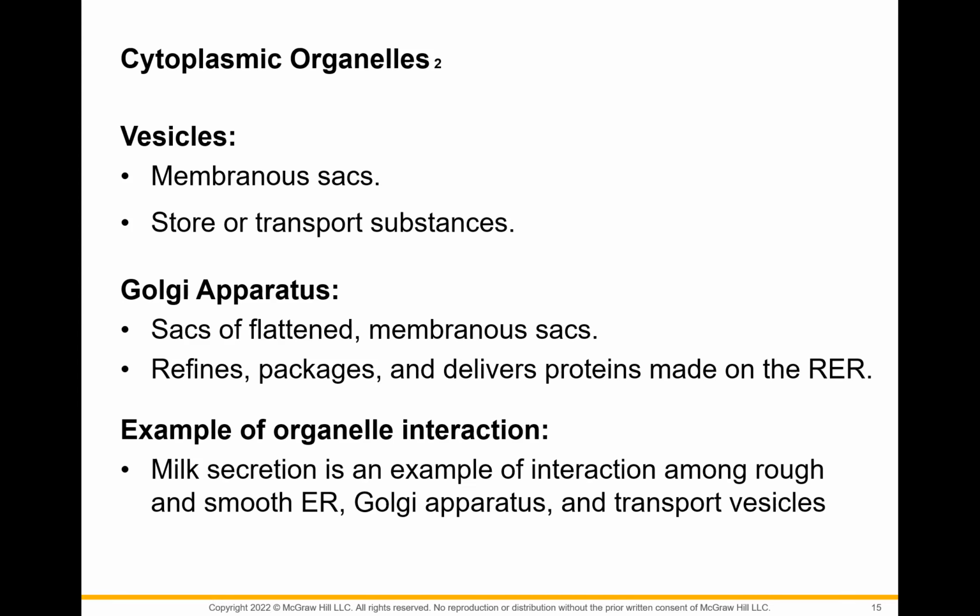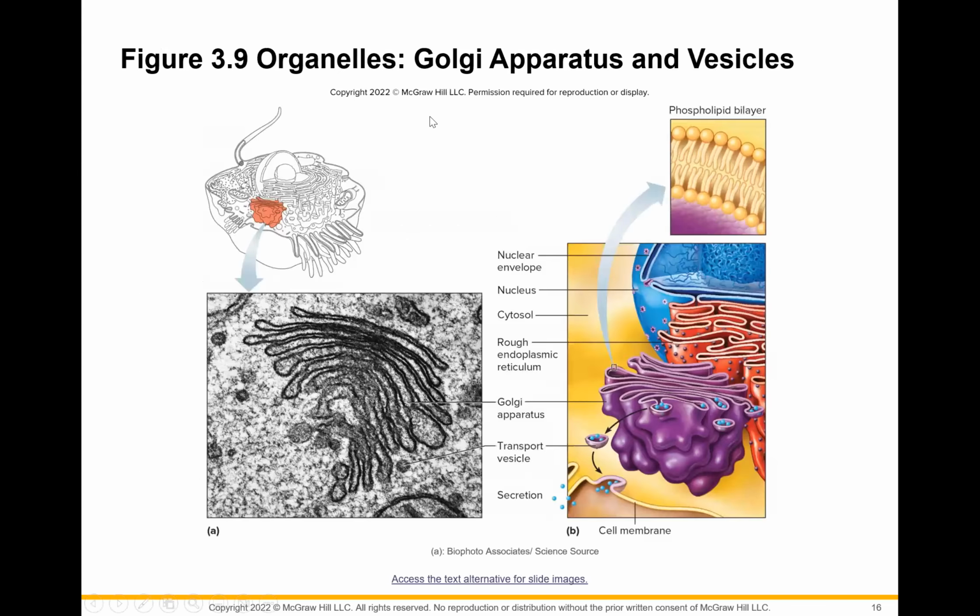And if everything is good and ready to go, it'll package it and deliver the protein wherever it needs to go. And that will bud off in terms of a vesicle. Now, we can also see that there is a smooth ER component as well. We can actually have milk secretion as an example among the rough ER and smooth ER, as well as, once we have that refining and packaging of the Golgi, it can be sent out via those transport vesicles.